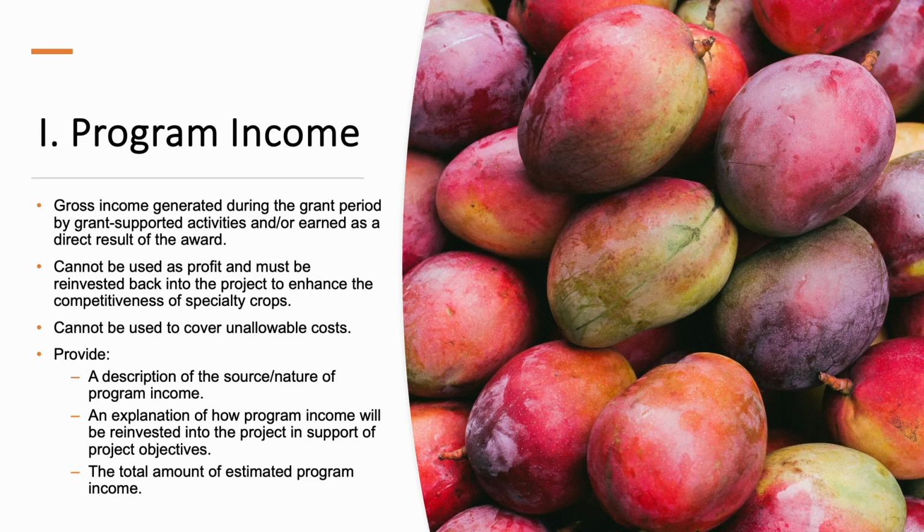In the table provided, include a description of the source of program income or how the project will generate program income and how it will be used to enhance the competitiveness of specialty crops. Provide a detailed explanation of how the income will be reinvested into the project in support of project activities and objectives, and the total amount of estimated program income.